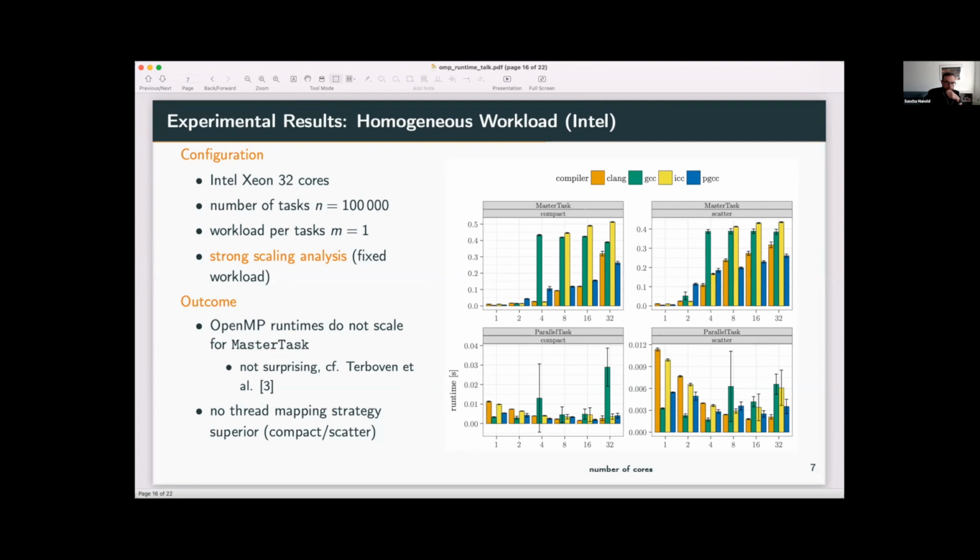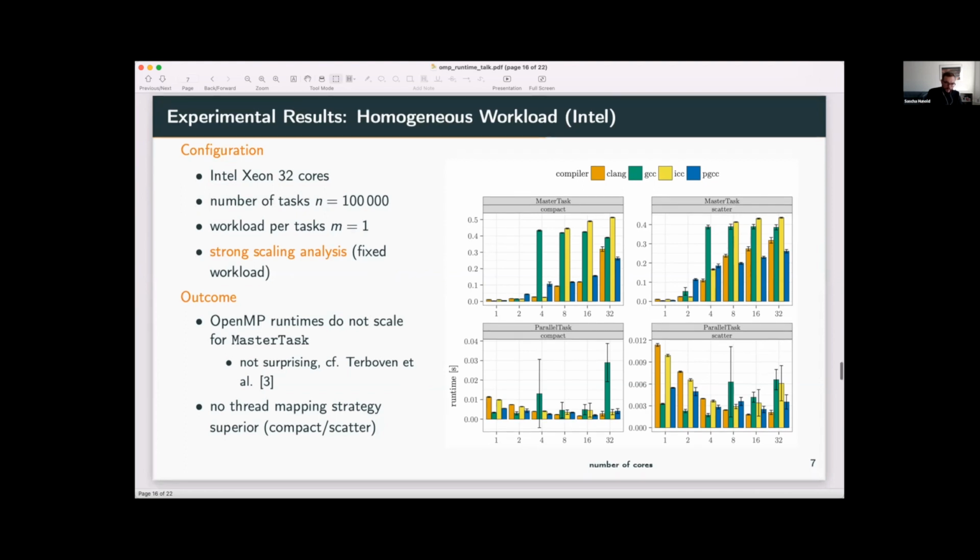What we also compare here is the compact and scatter mapping, which basically means how we assign the threads to the machine. Either we fill up one socket, or we do a round-robin assignment of the threads to the cores in the scatter setting. And we can do that for the master task and for the parallel task.